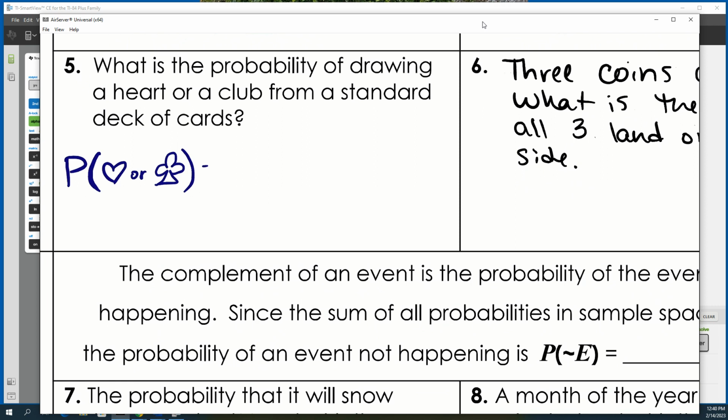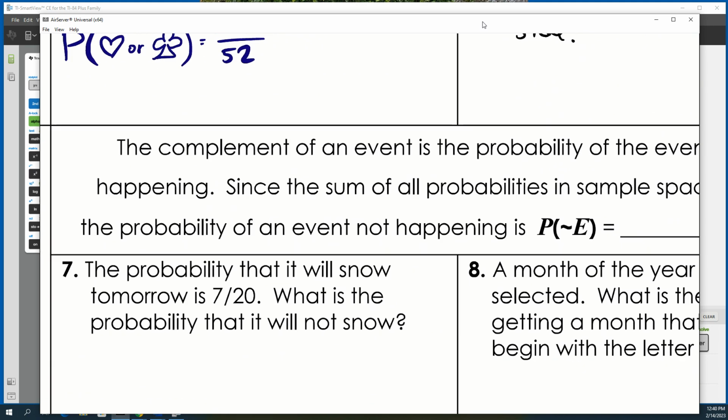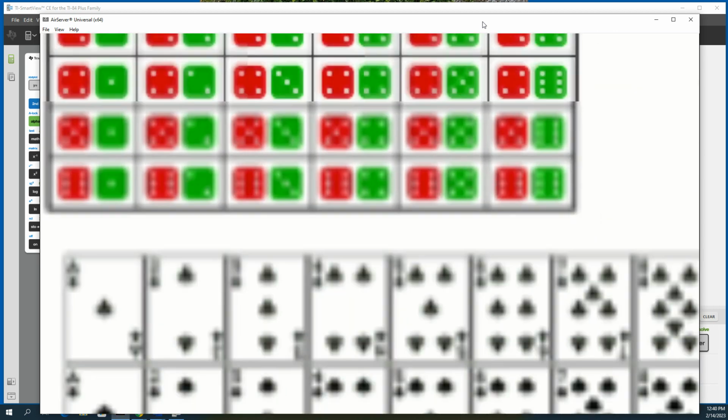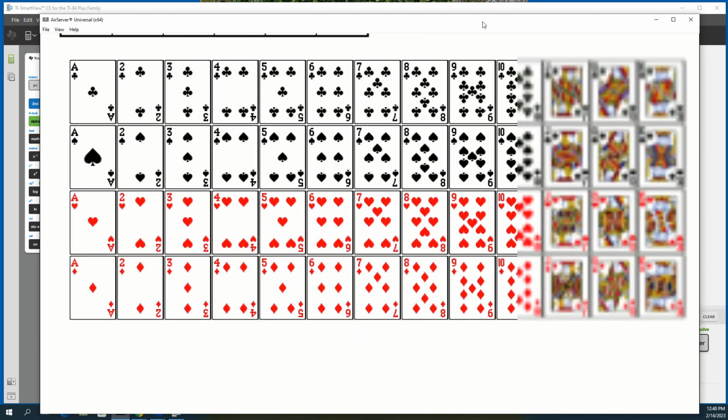All right, so I don't know if you know this, but every deck of cards, playing cards, standard deck, has 52 total cards. So that's what we're going to put on the bottom. All right, and if you look at your paper, there are 4 different suits. There's clubs, spades, hearts, and diamonds. There's 13 of each of those. Okay, here we go. Here they all are.